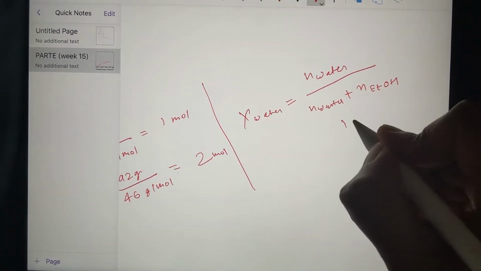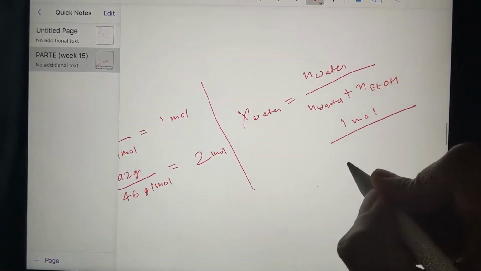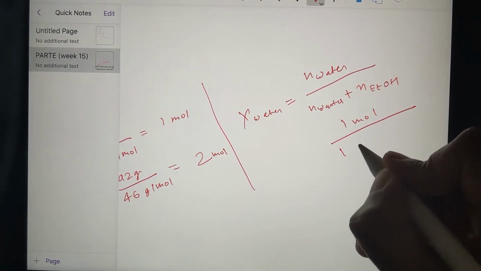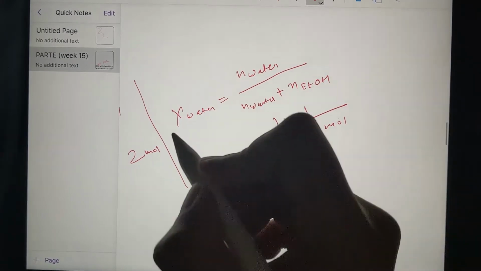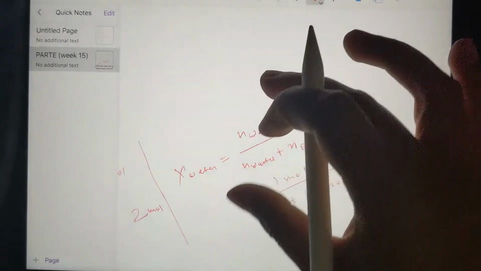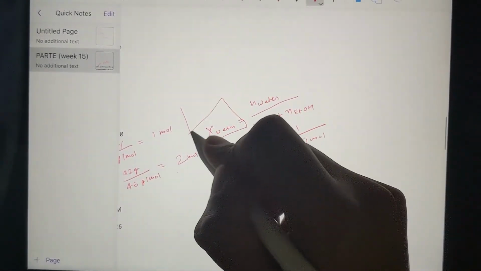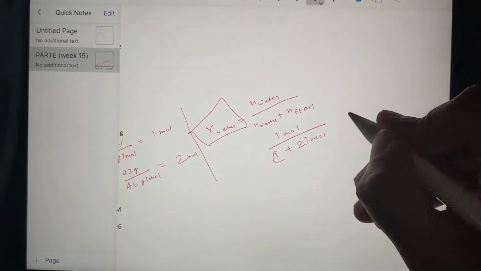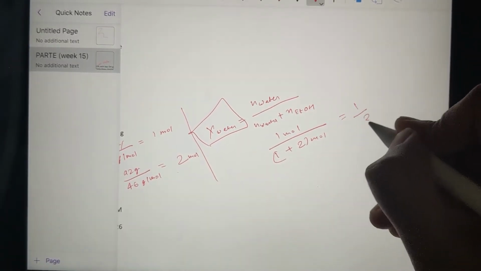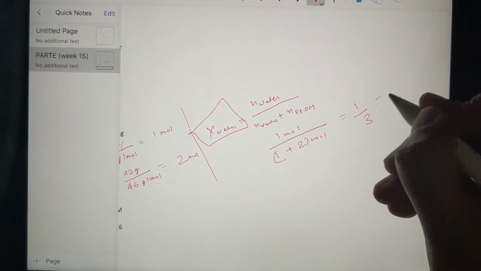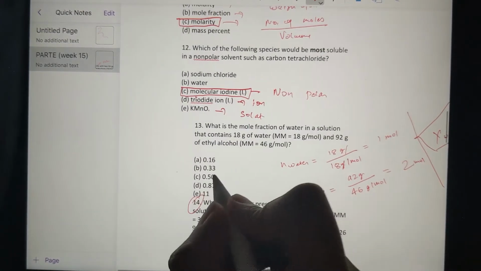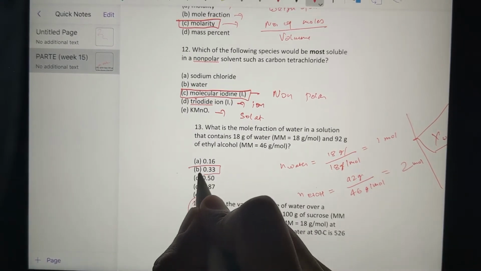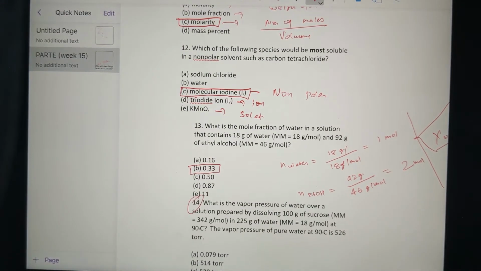Okay, 1 mole divided by 1 plus 2 mole. So remember, the mole fraction is a number, it does not have any unit, so it's going to be 1 by 3, which is 0.33. So your B will be the correct answer.